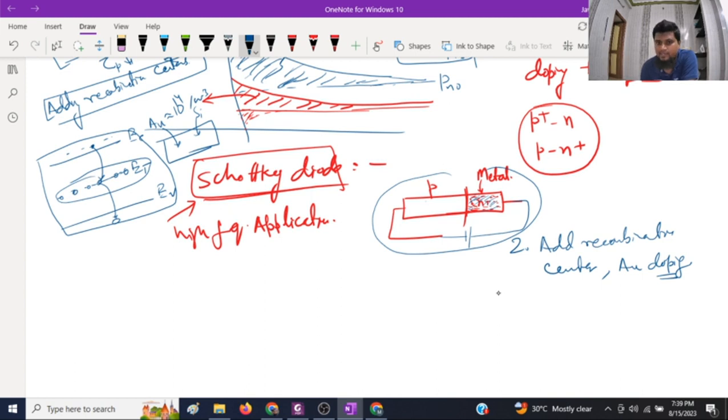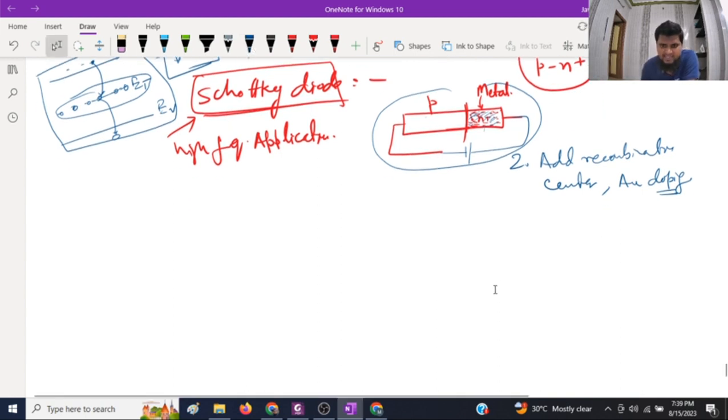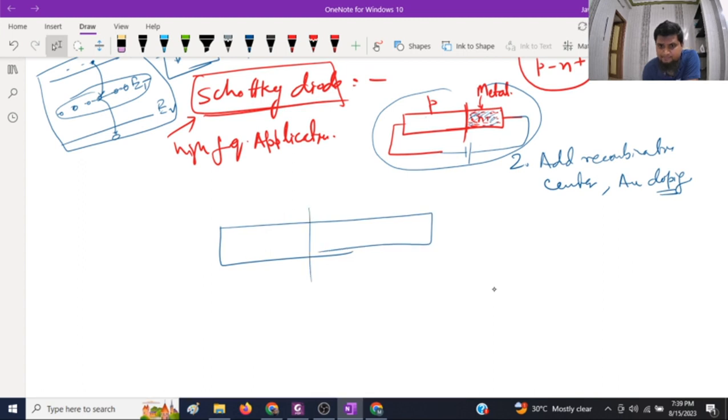Another option is reducing the length of the N or P side. Here you have this excess carrier distribution on the N side and P side. Sometimes people reduce this length of N, so the N region is not up to this point, but only up to this point.